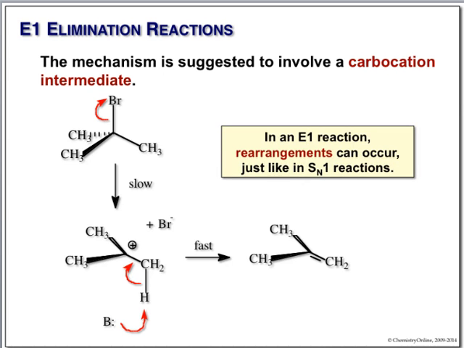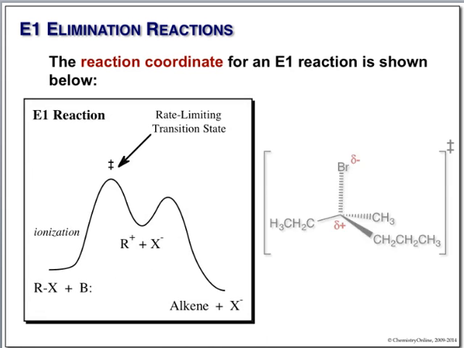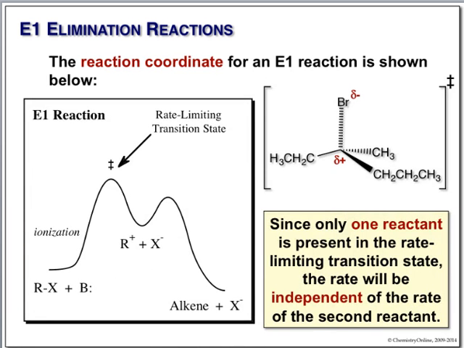So E1 and SN1 are very, very similar. Polar solvent makes it work. And again, you can get rearrangements, just like in the SN1. We have a transition state, the carbocation intermediate. Only one thing in the transition state, that's why it is unimolecular.